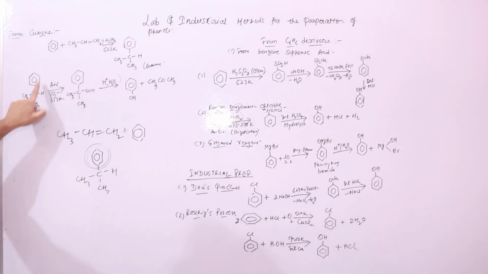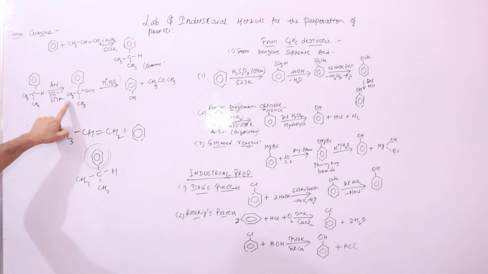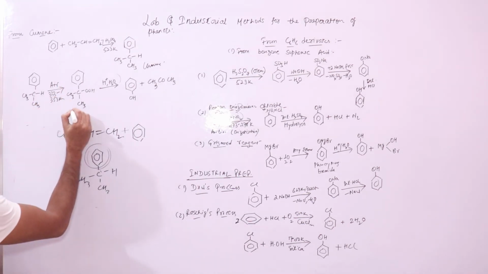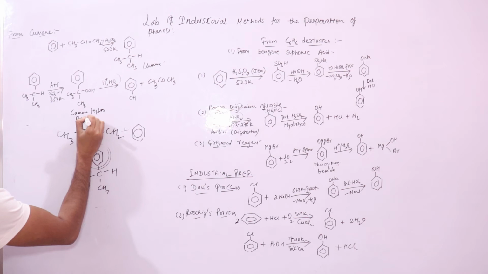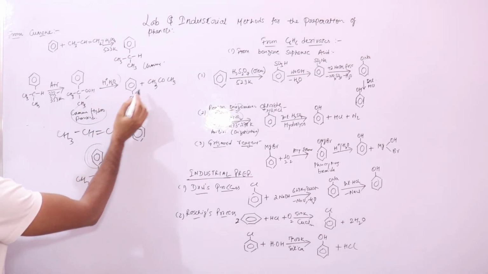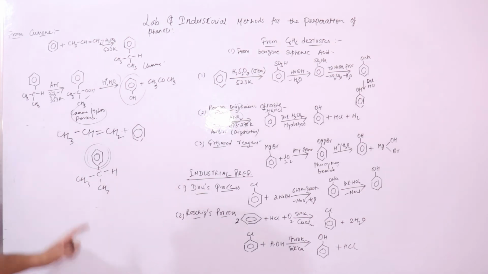Cumene obtained is oxidized with air at 333 to 353 kelvins to give you Cumene hydroperoxide. This compound is your Cumene hydroperoxide, right? Now this will undergo hydrolysis to give you phenol, right? I hope this is clear. So these are lab preparations.